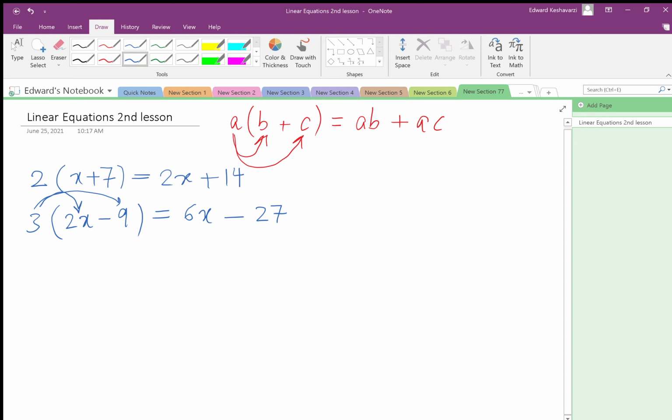So now that you are okay with distributive law, let's start the first equation. Not only the distributive law matters here, but also you need to be able to put together the like terms.